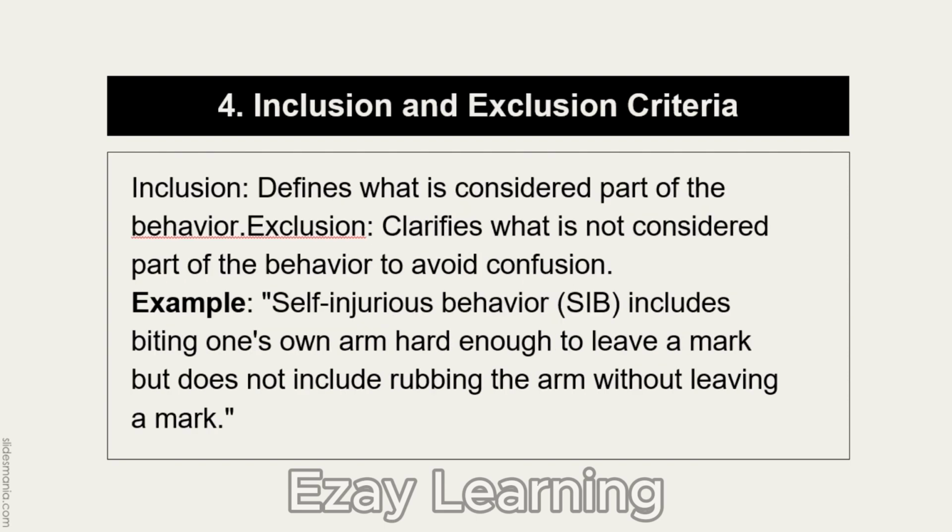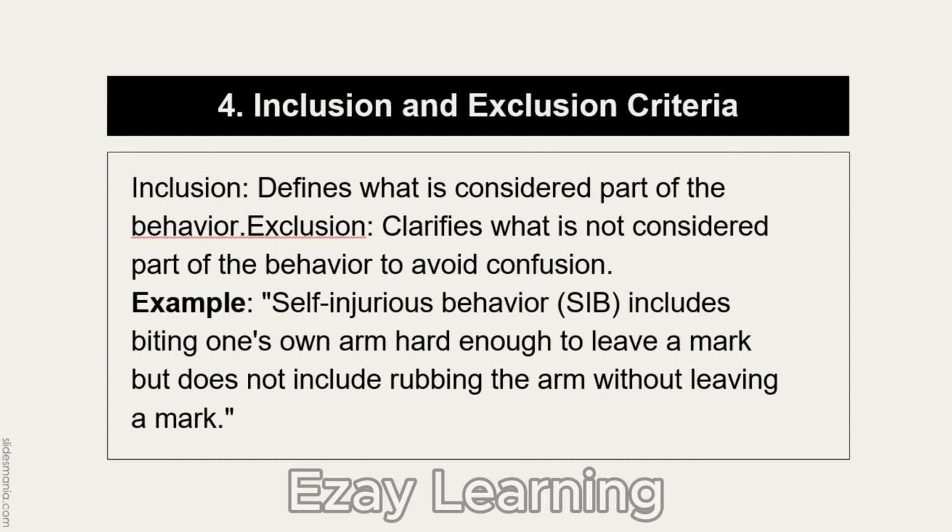Next is inclusion and exclusion criteria. Inclusion defines what is considered part of the behavior, and exclusion clarifies what is not considered part of the behavior, to avoid confusion. If you have given an operational definition, people might add similar or different behaviors within that, or assume other parts of the behavior.